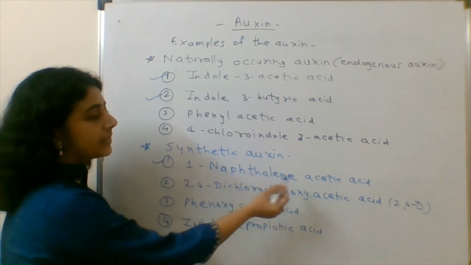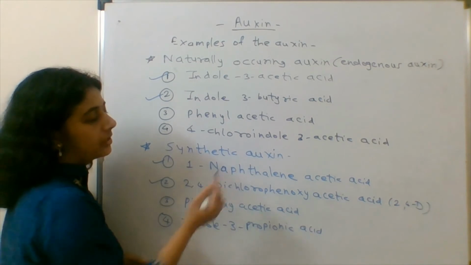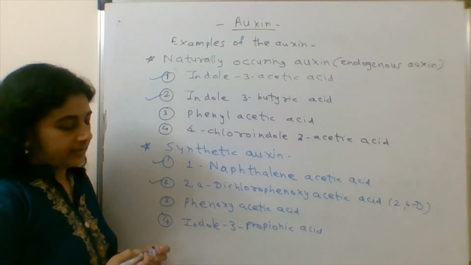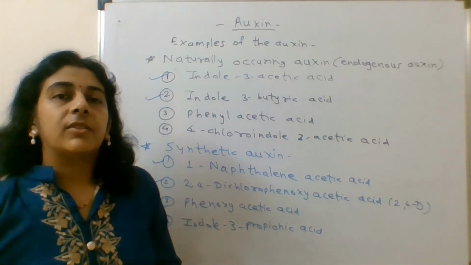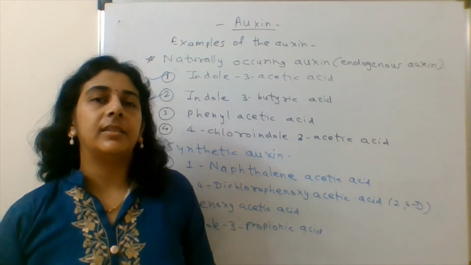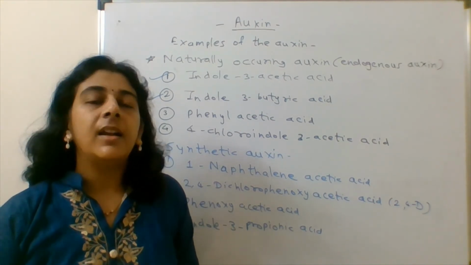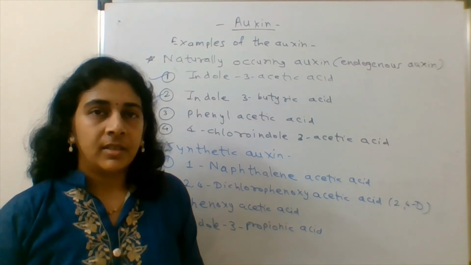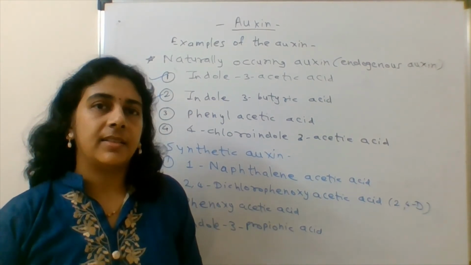That is 1-naphthalene acetic acid and 2,4-D, that is 2,4-dichlorophenoxyacetic acid. So in case of the question, all the 4 options are correct, and you have to click to the all 4 options because it's a MSQ type of question. So we'll see what's the question and we'll find the answer again.